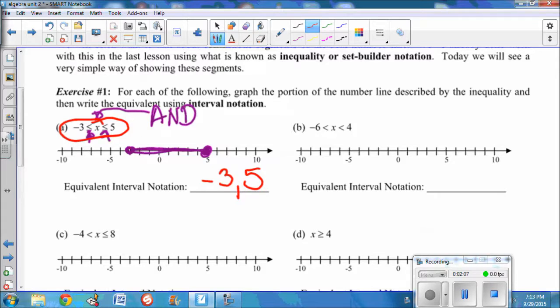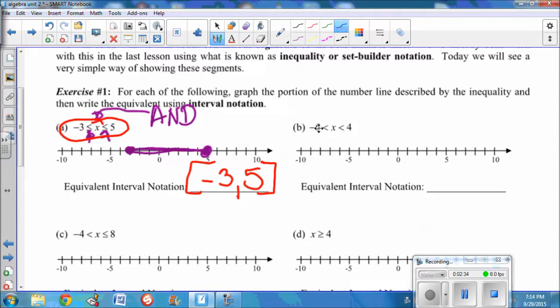Now, how do we indicate that we include -3 and we include 5? In interval notation, when we include, we use brackets. So that's the same exact thing as the inequality notation that we were given. This is just interval notation. They're equivalent, they mean the same thing, just different notation.